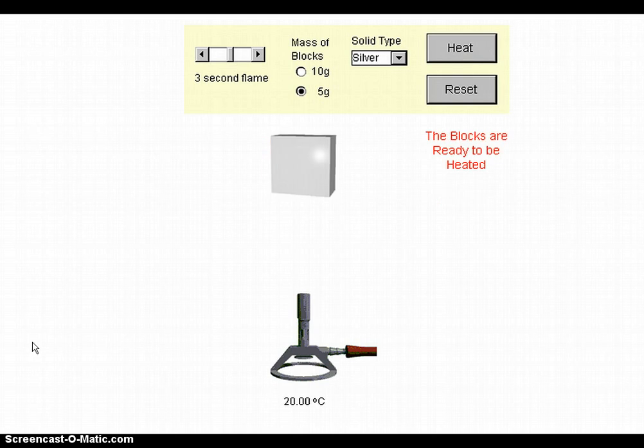Let's repeat the experiment with a block of silver. We're looking at the same amount of heat, the same mass of material. And we can see that its temperature went up a very, very large amount. So that same energy that we're applying is going to change the temperature of this silver much, much more.